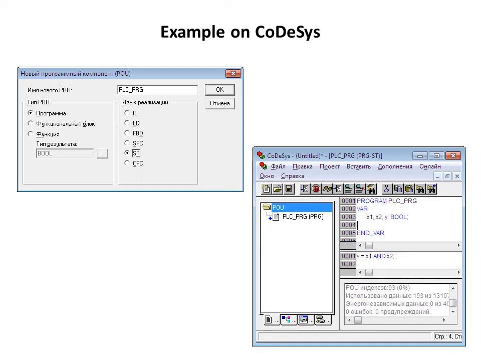I hope it was useful. And in the next lesson in our tutorials we will use these languages for PLC programming. So see you. Bye bye.